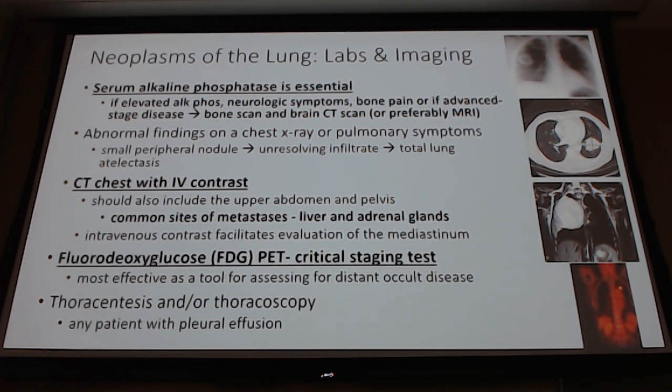Okay. A PET scan is really critical for staging in terms of where this has spread. And then we'll do a thoracentesis if there's fluid to see if it's a malignant pleural effusion.